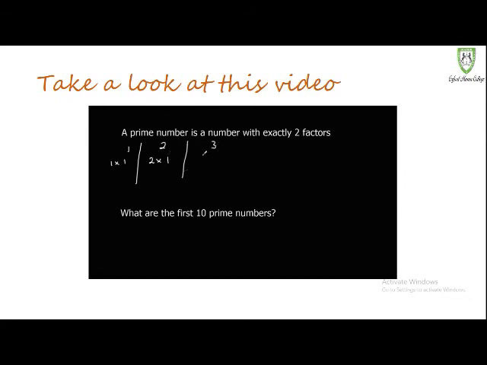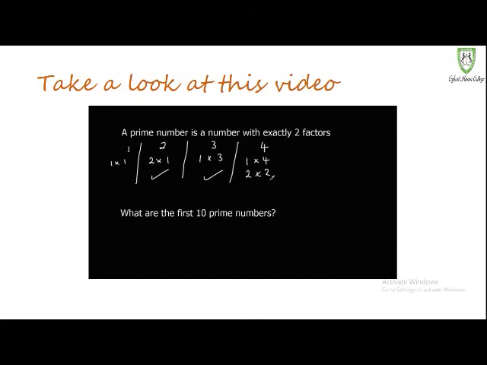3 is only 1 times 3. So 3 is also a prime number, sorry. 4, I can make 4 by doing 1 times 4 or 2 times 2. So it's got 1, 2, 3 factors.